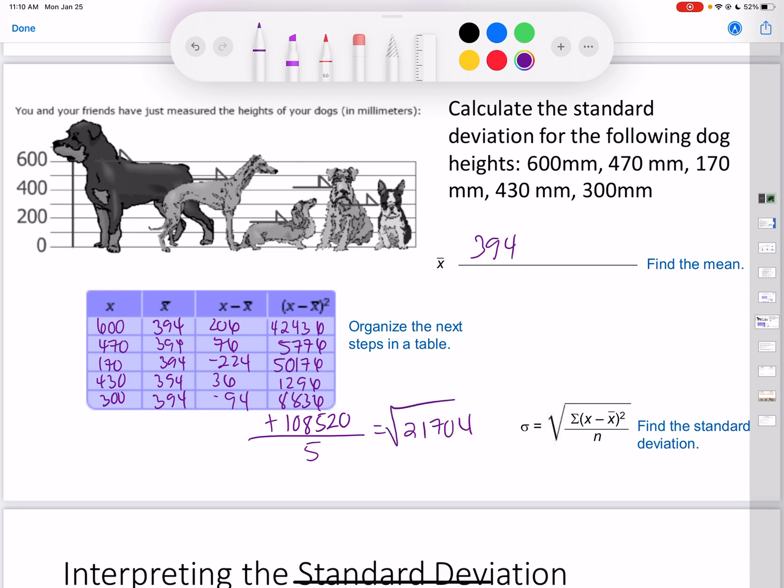Last step, always take the square root. And my standard deviation is 147.32. So there's a lot of variation in this data. You can almost kind of visualize the differences between them. There's a lot of main differences between them, making that standard deviation larger.